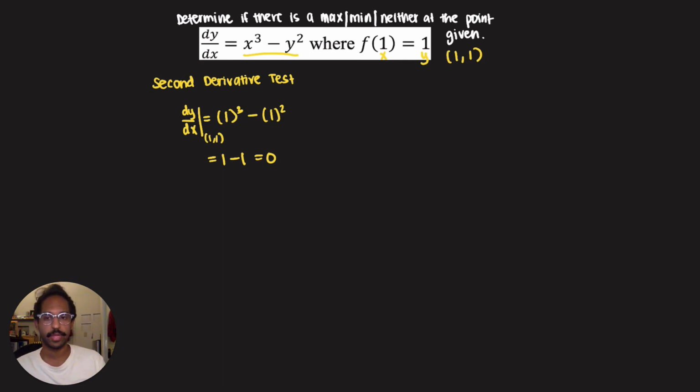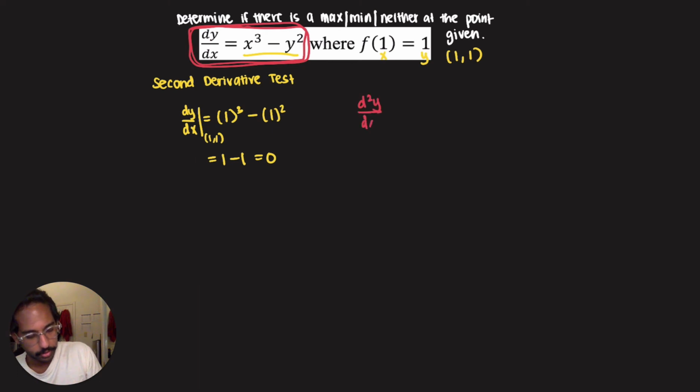So the next step that we have to take is to find the second derivative. To do that, I'm going to do this in red. We have to find the derivative of this equation up here. So that means d squared y over dx squared, our second derivative, is the derivative of that first term. We're going to use implicit differentiation here. So 3x squared minus 2y, and the derivative of that y is dy/dx.